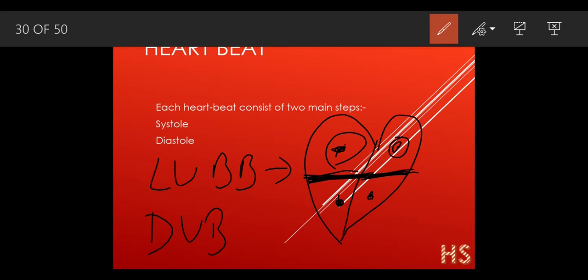It has to pass through this aortic semilunar valve. At the period of time when the pulmonary semilunar valve and the aortic semilunar valve both close together, the sound produced is called dub.